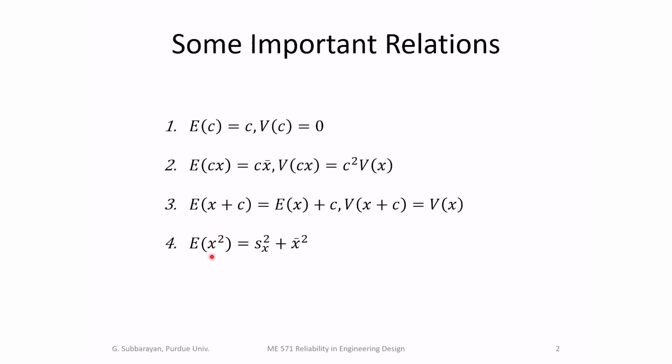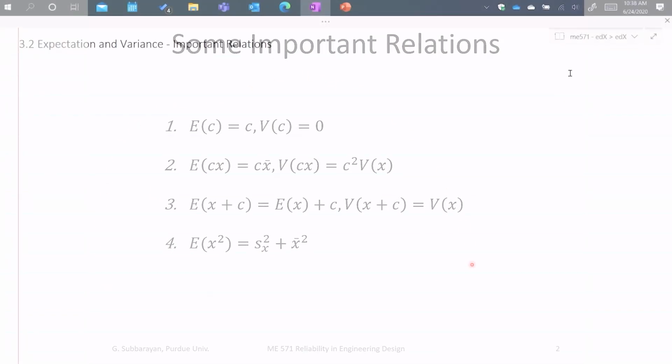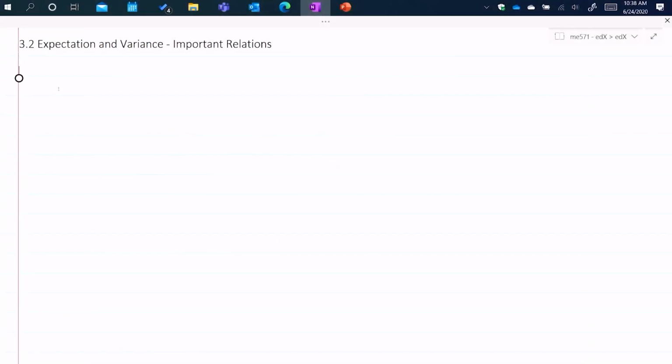The expected value of x squared is the standard deviation squared, or variance of x, plus the mean value squared. So I'm going to go through and derive these relationships. These are important. Let's start with the first relationship: the expected value of a constant is equal to the constant, and the variance of a constant is equal to 0.